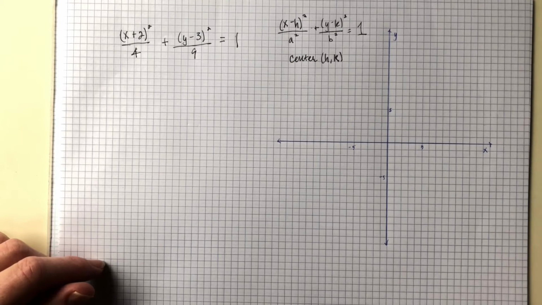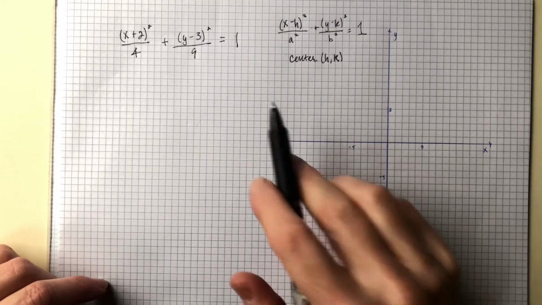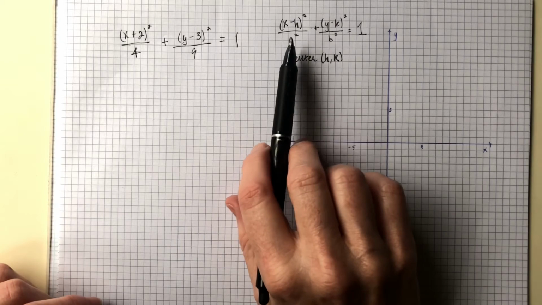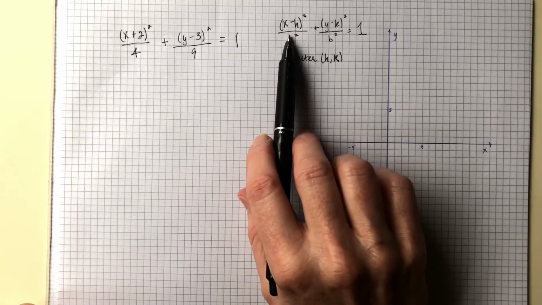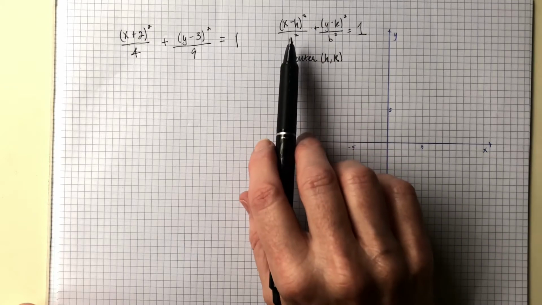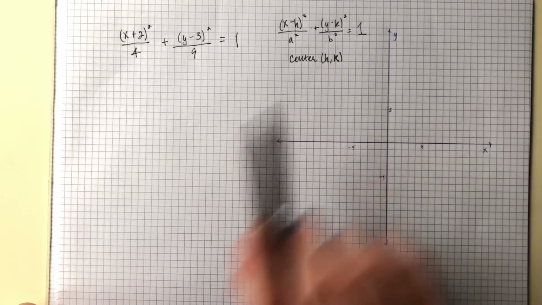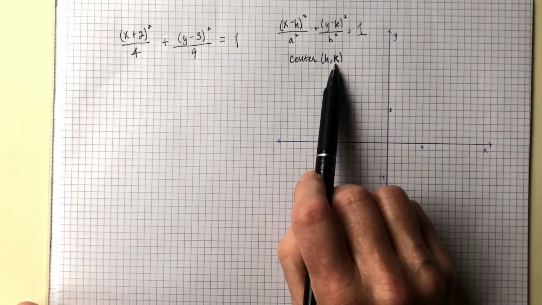And you may be asking yourself, well, how do we know that's not centered at the origin? Well, here's why. The general form or standard form of the equation of an ellipse looks like this: (x minus h) squared over a squared plus (y minus k) squared over b squared equals 1. And the center is at (h, k).